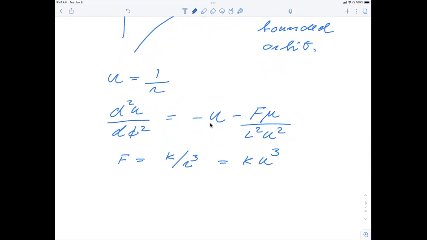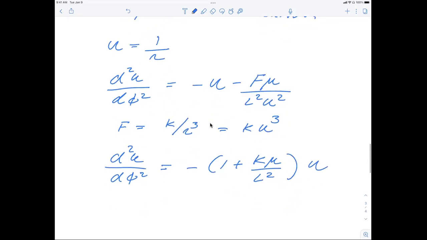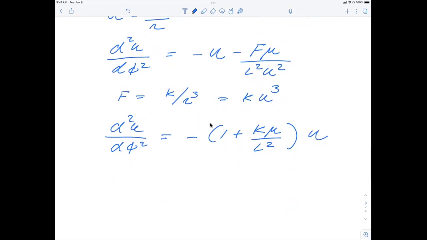If I plug that into the equation, what I get is the second derivative of U, which is equal to minus 1 plus this term K times the reduced mass divided by L squared, multiplied with U. If you think back to what you see here, we've seen this now many, many times, right? So what would the solution to this equation be?